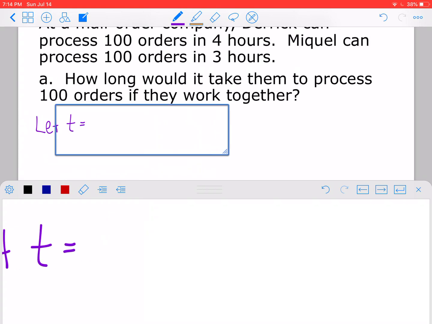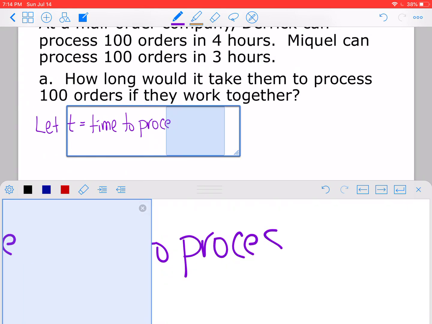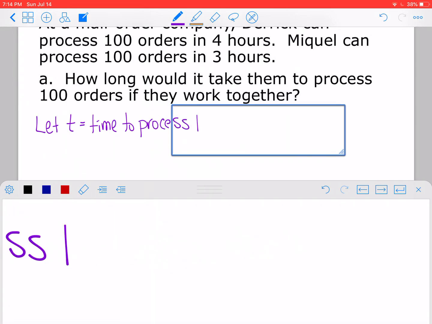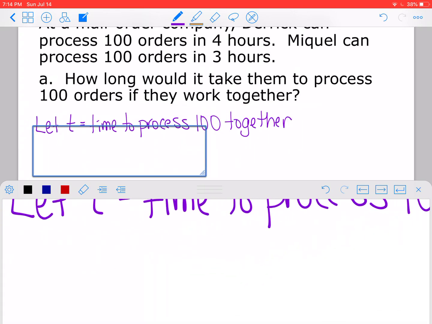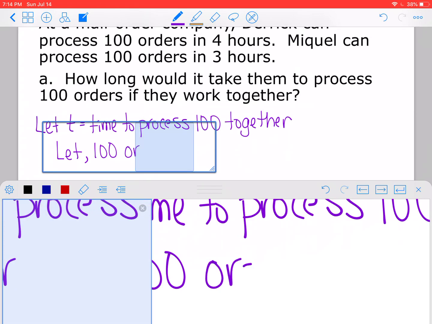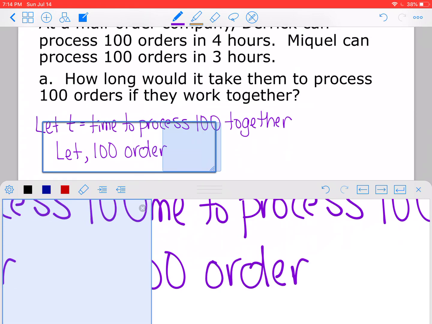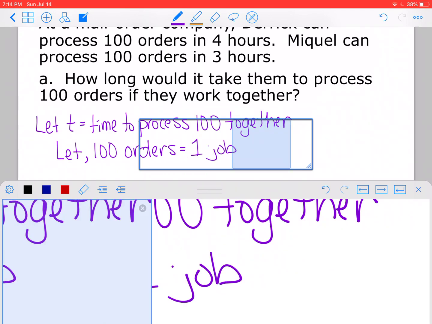So we're going to say t, the time to process 100 if they work together. And we're also going to just say that 100 orders is one job. And that's going to help us here in a second.